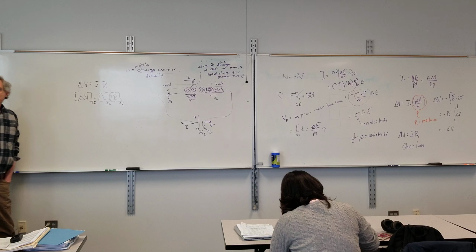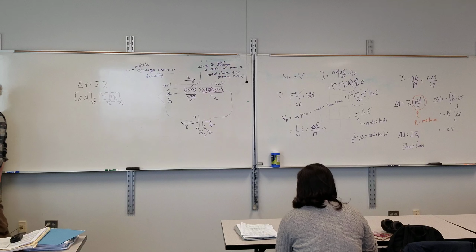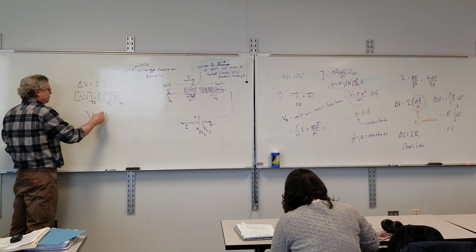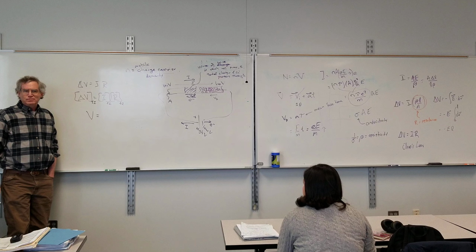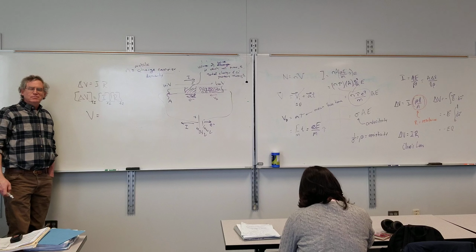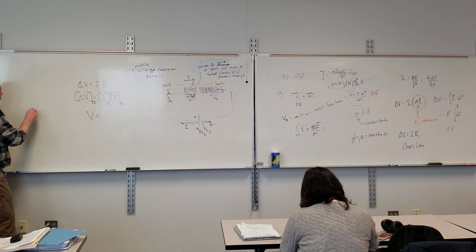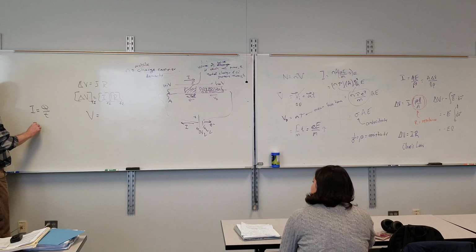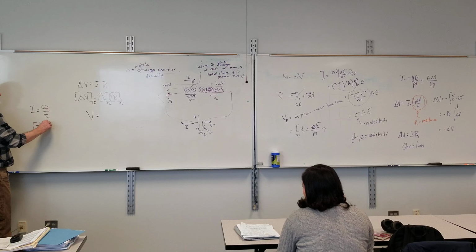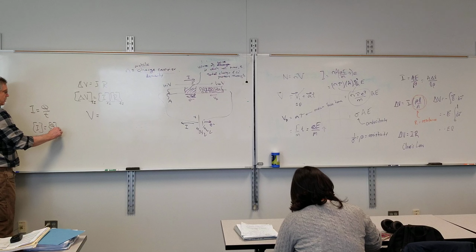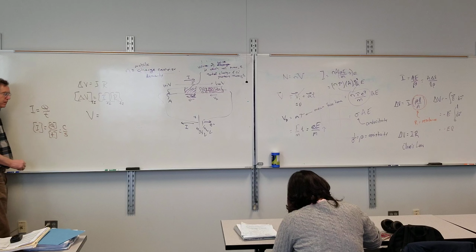Units of voltage, volts. Units of current, coulombs per second. If we go back to current being charge over time, then the units of current are the units of charge over the units of time, which is a coulomb per second.